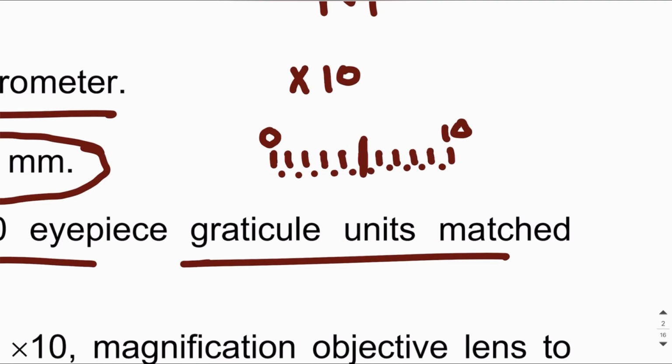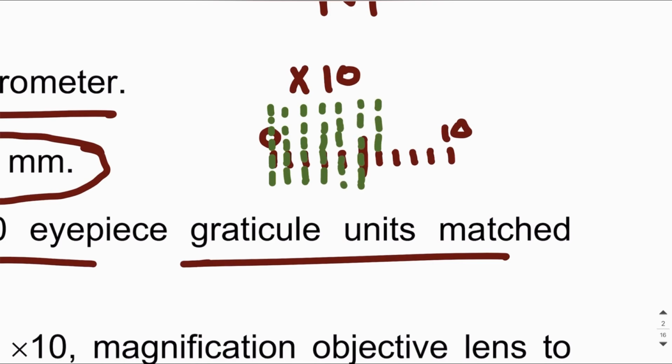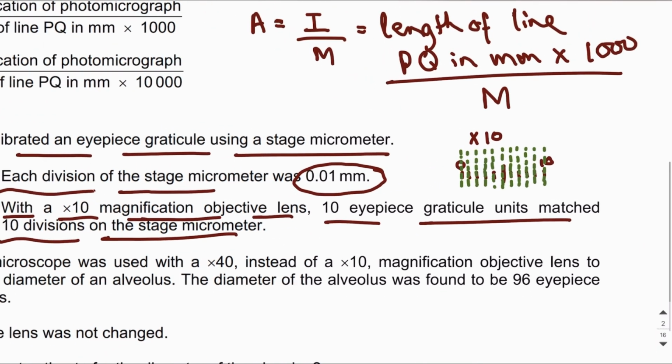So 10 divisions of the eyepiece graticule matched 10 divisions of the stage scale. So we can draw the stage scale divisions with green, right? So one stage scale division was equal to one eyepiece graticule unit. That's because 10 eyepiece graticule units were matching 10 stage scale divisions. All right.